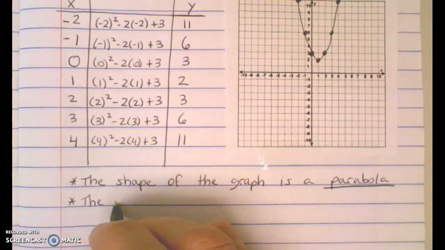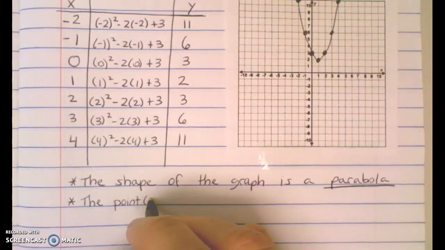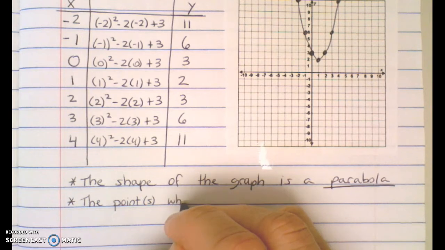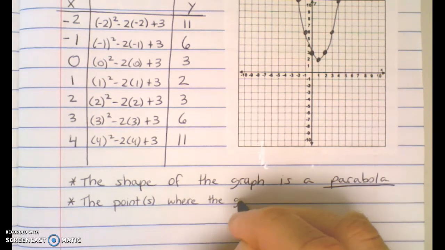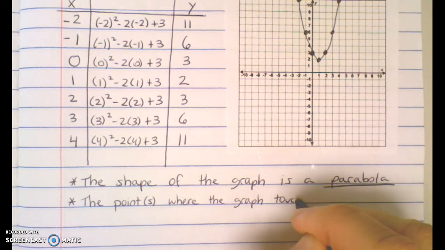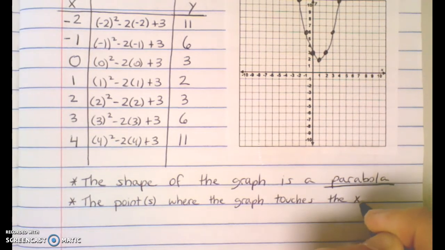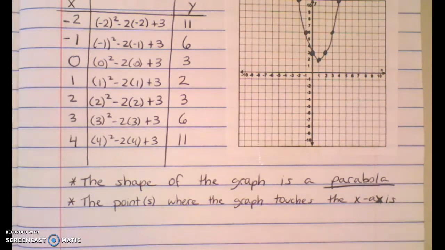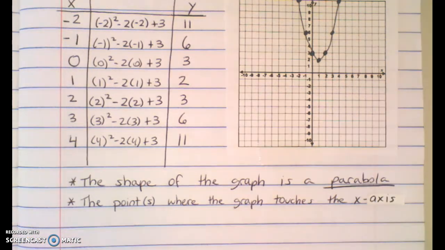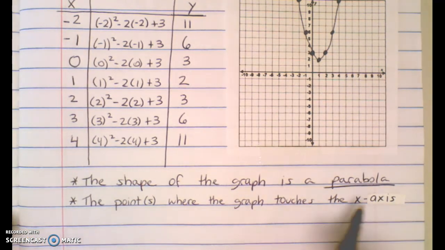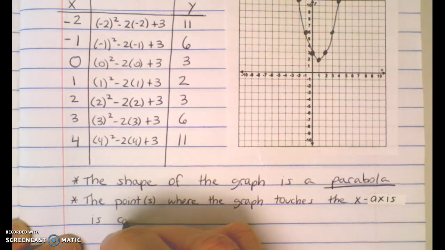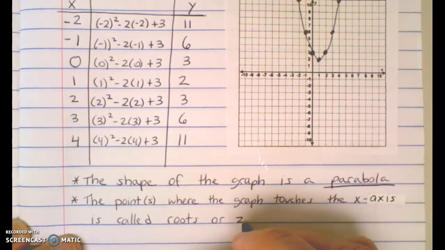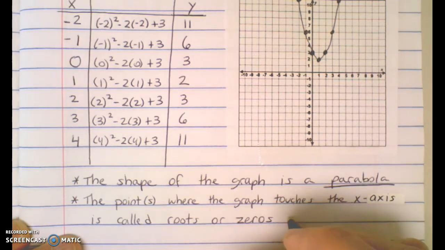The point, or points, I'll put that in parentheses, so it could be point or points, where the graph touches the x-axis is called roots, or zeros, or x-intercepts.